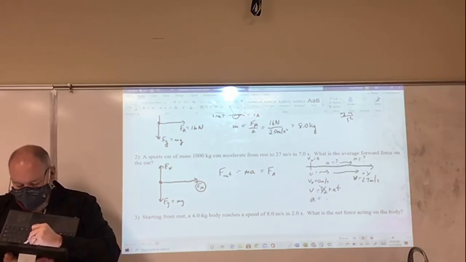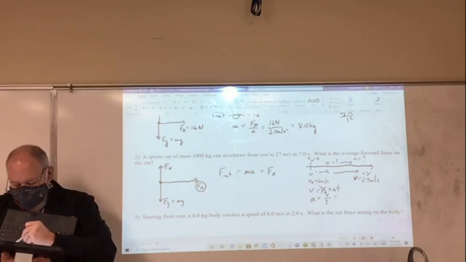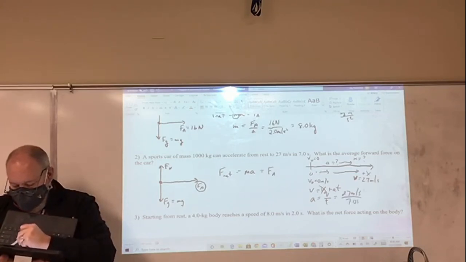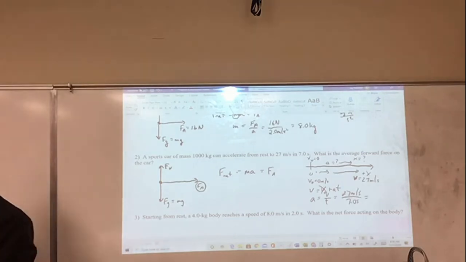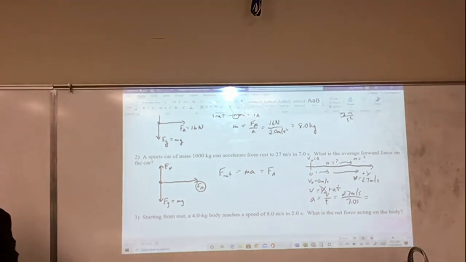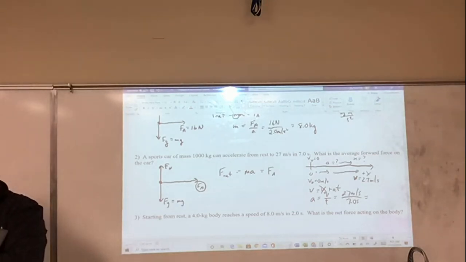Acceleration equals v divided by t equals 27 meters per second divided by 7 seconds. So if somebody would be so kind as to divide 27 by 7 for me. 3.857. 3.8. So we'll go to 3.9 meters per second squared.